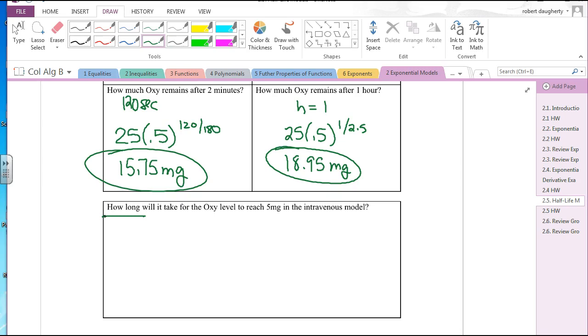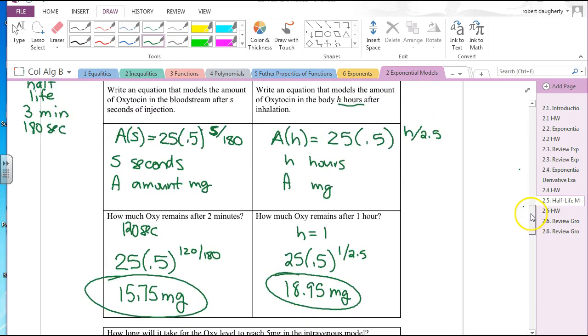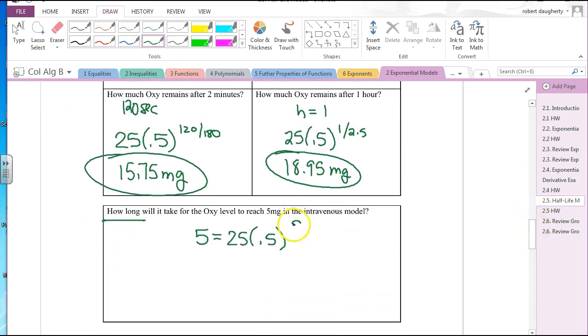That's my future amount. So I want to say, when does 5 equal 25, and then it was 0.5 to the, what was that model? S over 180. Okay. So I'm solving for this right here, okay? So in order to do that on the calculator, this is where you just do menu 3-1, and you put this equation in there.